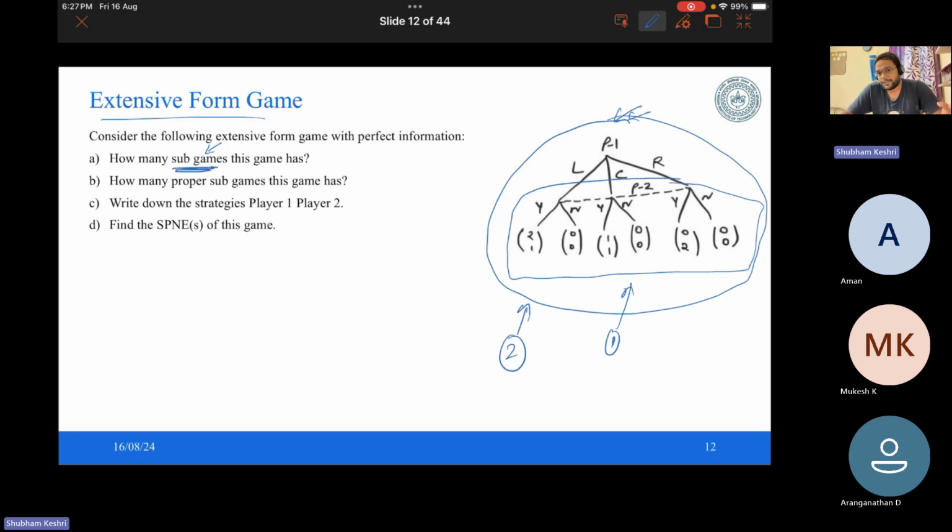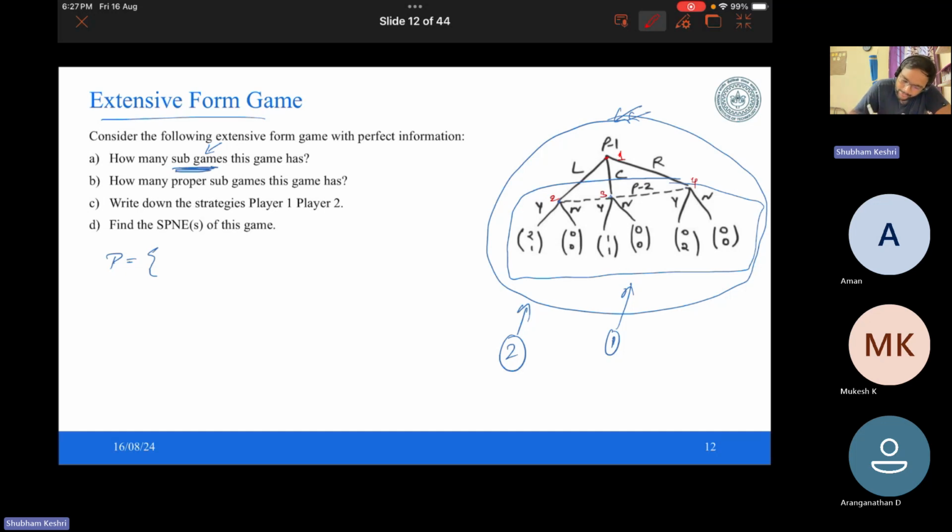If you go to the definition of what a subgame is, in a subgame you will have a single node at an information set. So let's see what an information set is. I'll just label these nodes: suppose this node is 1, this is 2, this is 3, and this is 4.